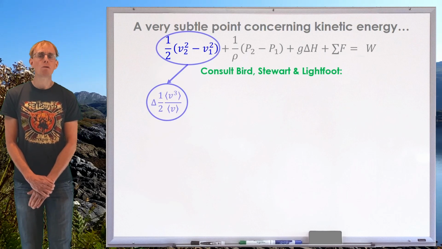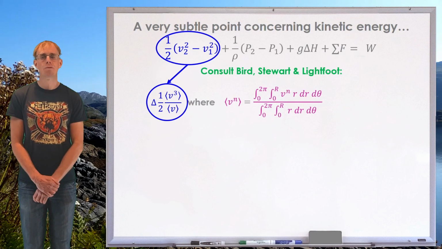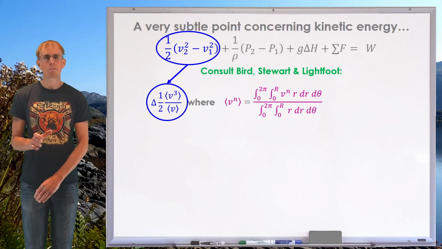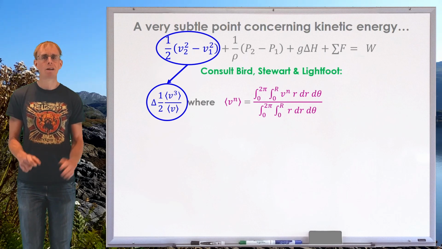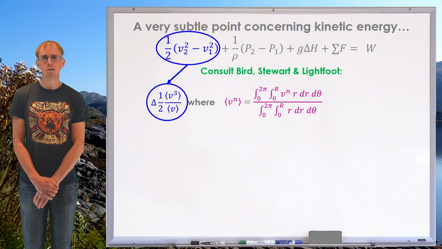So they write that kinetic energy change is written as follows. It's the change of a half of ⟨v³⟩ in pointy brackets divided by ⟨v⟩ in pointy brackets. Now, ⟨vⁿ⟩ in pointy brackets is written as this fraction concerning double integrals.